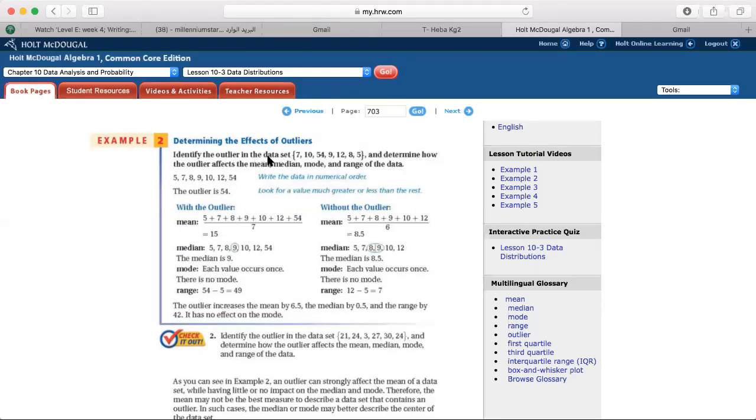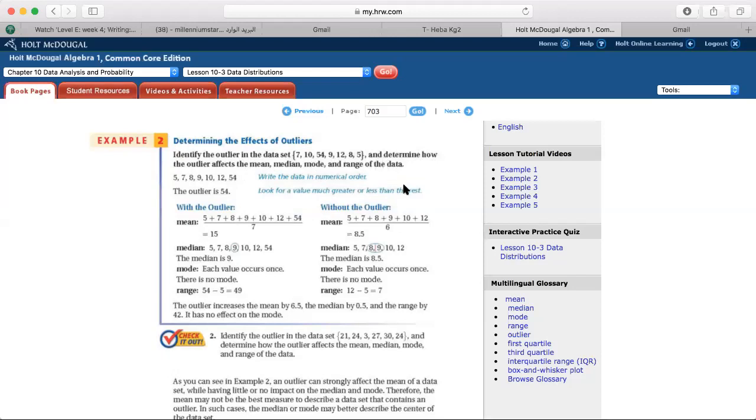Identify the outlier in the data set and determine how the outlier affects the mean, median, mode, and range of the data. Here I have 7, 10, 54, 9, 12, 8, and 5. So what is different? It is clearly 54, because all the other numbers are 7, 5, 8, 12.